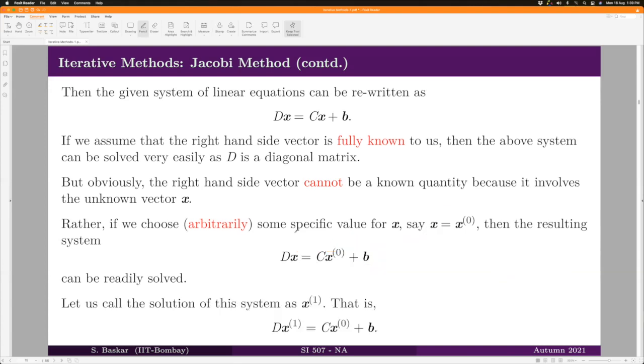Nevertheless, we have surely got some vector, say x1, such that Dx1 = Cx0 + b. x0 is the vector that you chose as per your choice, whatever it can be. Then you plugged it into the right hand side and got the vector x1 by solving this system, which is just a direct process. We don't need any elimination process to get x1.